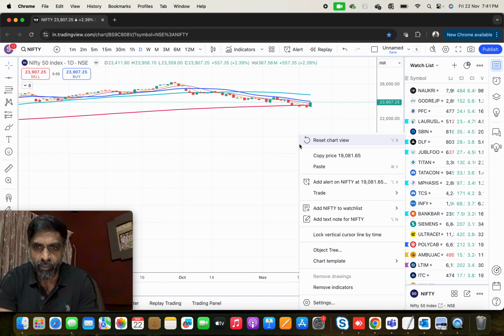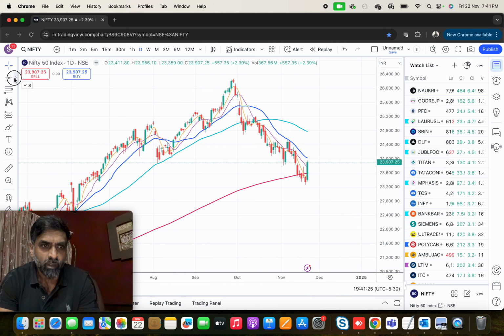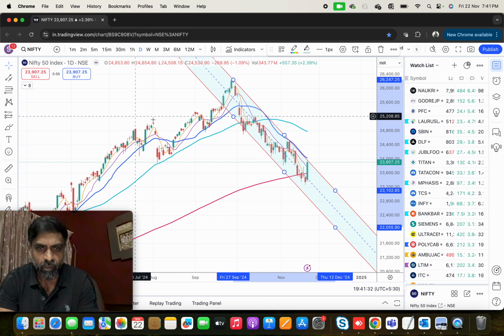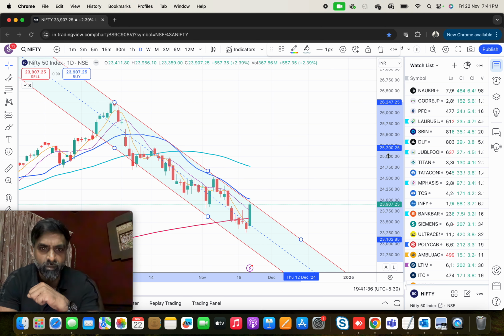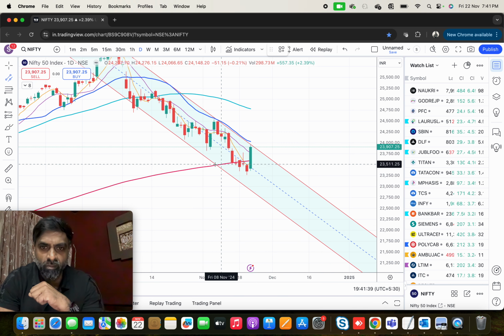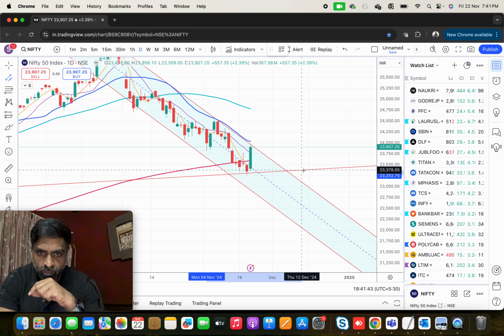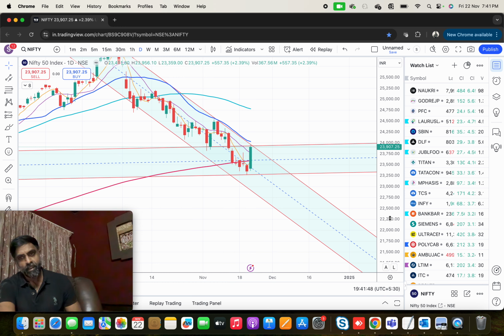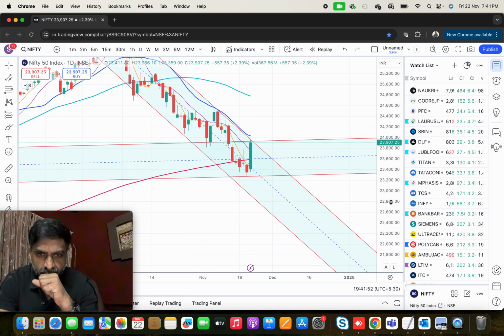So in daily, now the question is, both from the channel that we drew, that is also at resistance, and from the box theory that we have written, what we brought down from the top, right? That is also at a top. Now at a top there can always be some resistance.